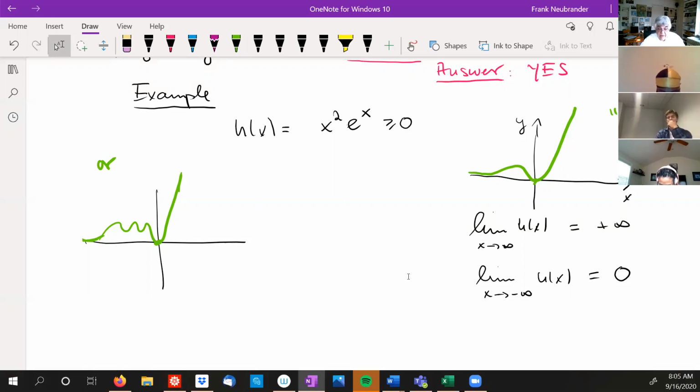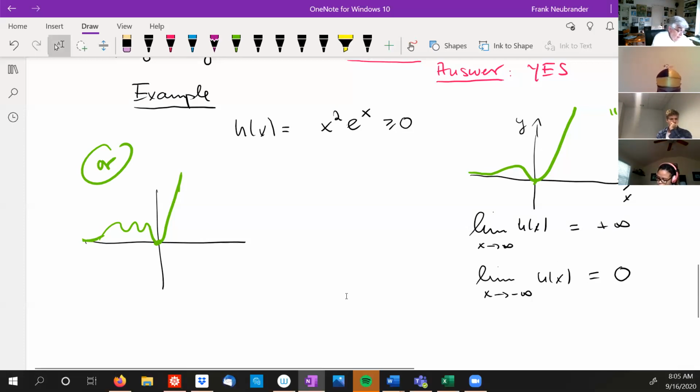The first function has a local maximum at a negative x value and a local minimum at 0. This second possibility here has lots of local maxima and minima. So if we know the derivative, we can rule out the second option and decide for the first option.